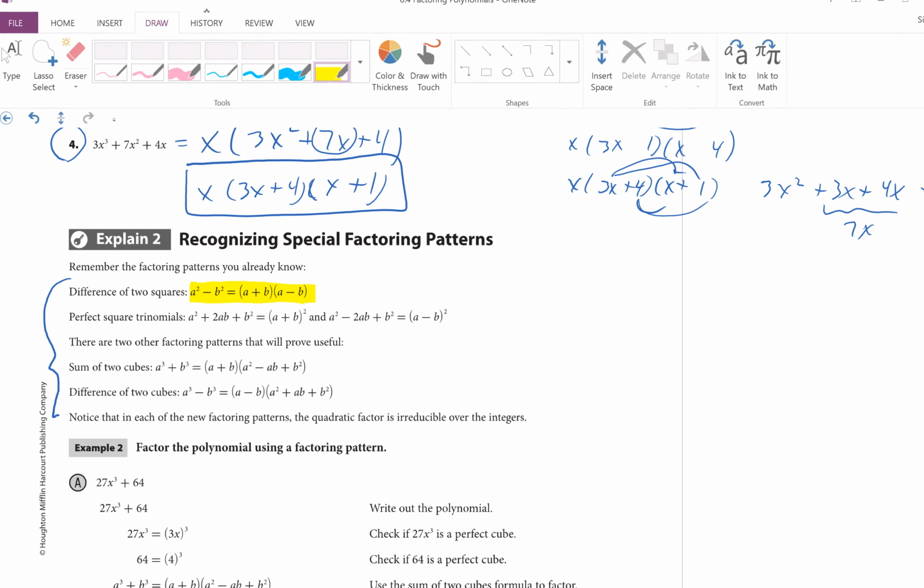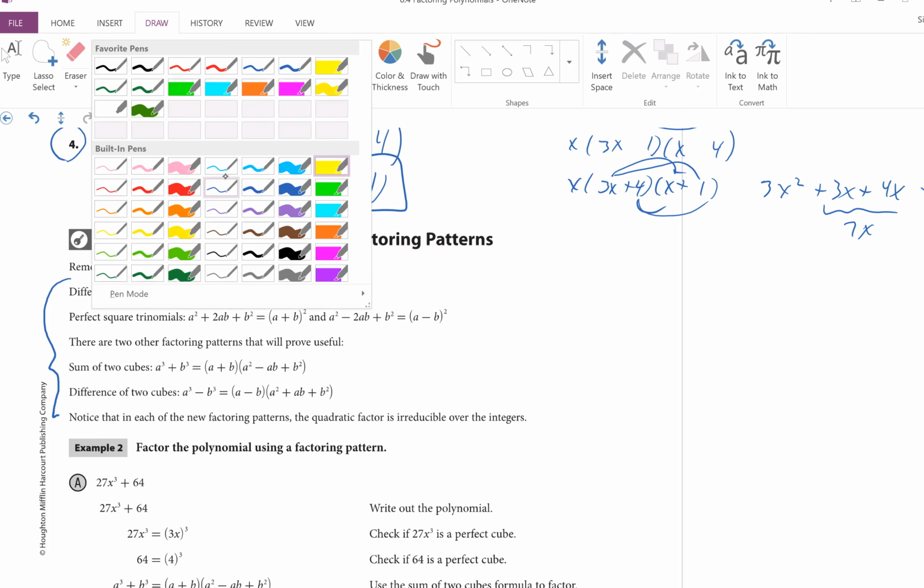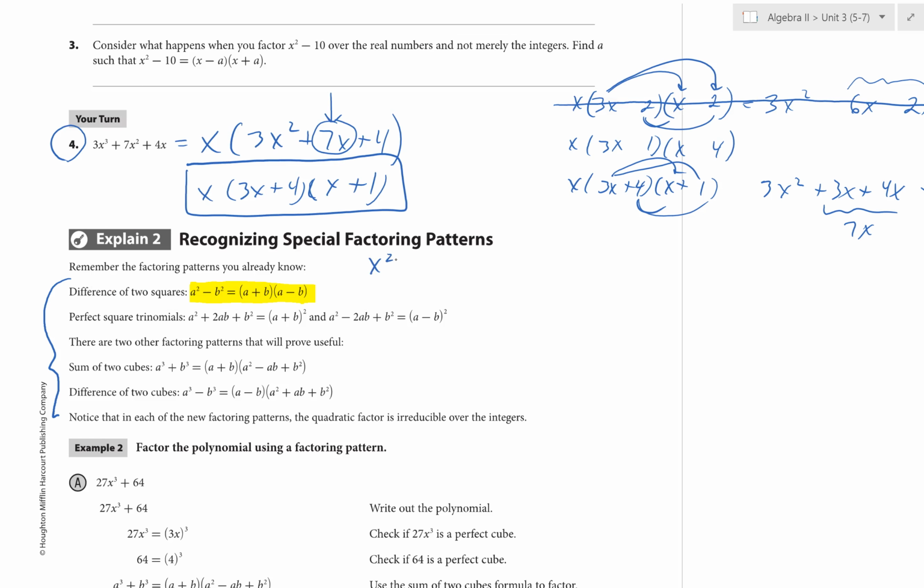For example, if you had something like x squared minus 25, that's a difference of squares because x is squared and 5 is squared. So it's x squared minus 5 squared. And so we can always factor a difference of squares by using conjugates. So this would be x plus 5 and x minus 5. So you should look forward to seeing difference of squares because they're so easy to factor.